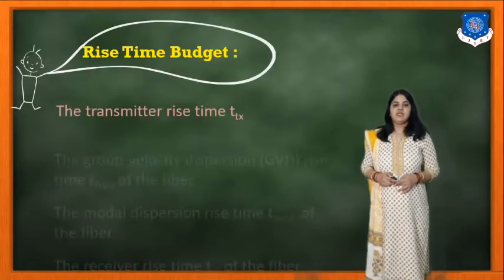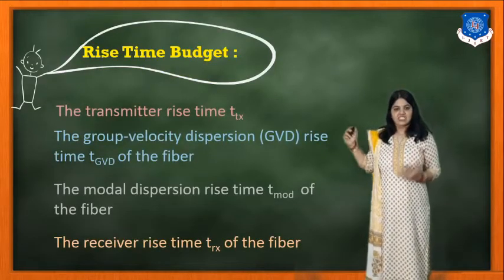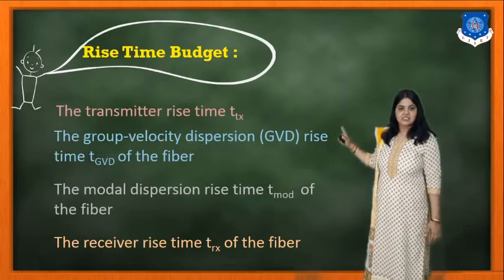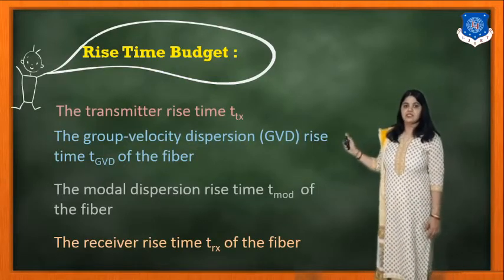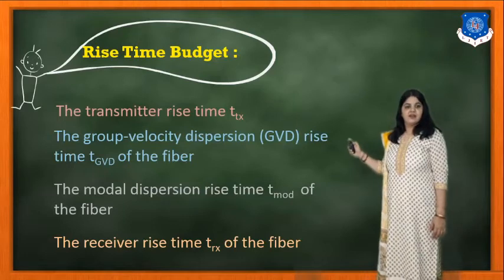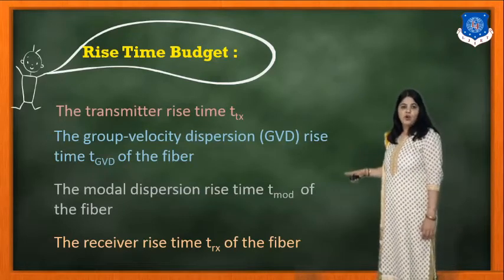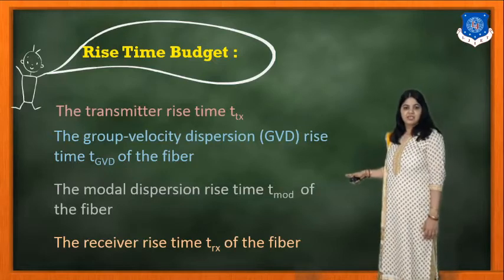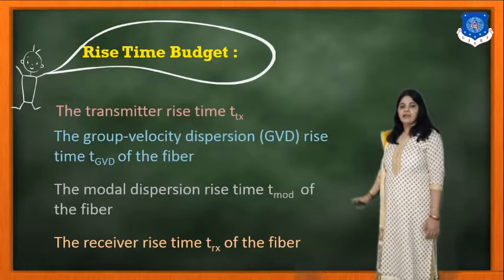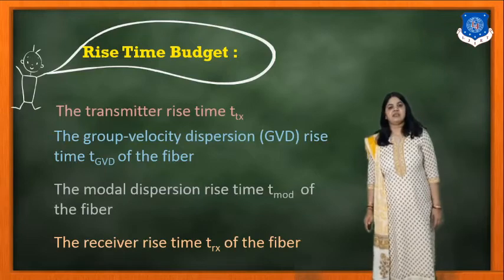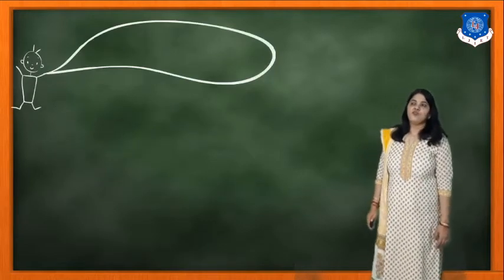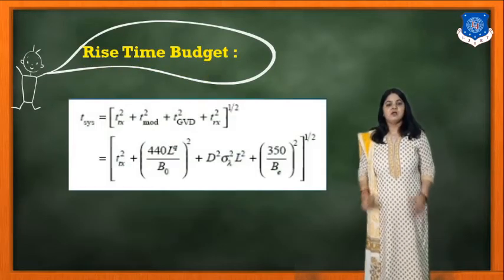So now we can say that the system rise time is determined from the transmitter rise time TTX, the group velocity dispersion (GVD) rise time of the fiber TGVD, the modal dispersion rise time of the fiber T_mode, and the receiver rise time TRX.